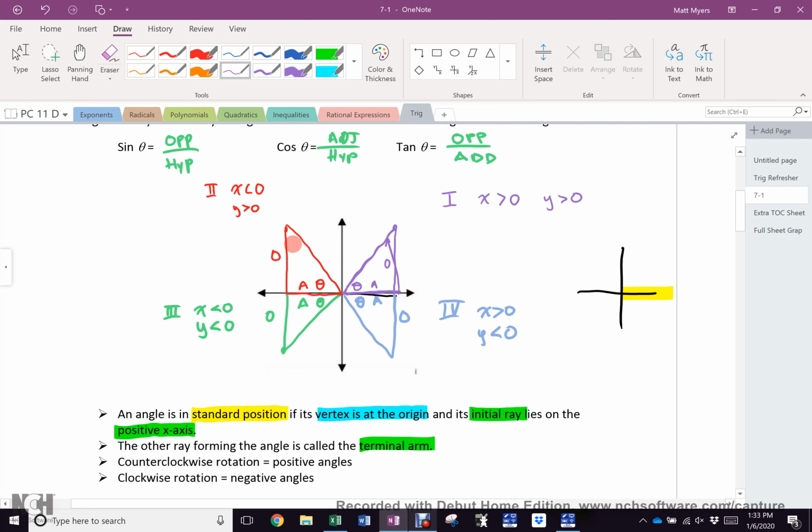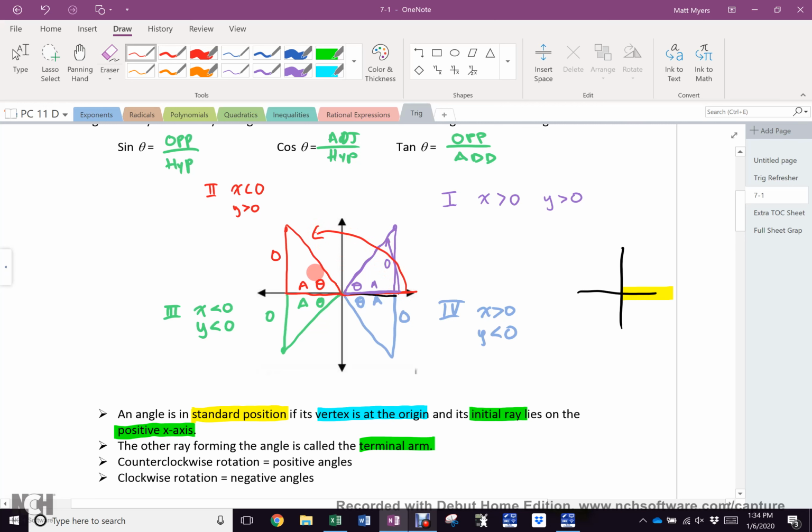Everybody understand? So if I were to keep in standard position and I were to go out to red theta, then I would have to go this far. Do we understand that? So red theta is actually greater than 90, even though it shows up over here for the way we would do trig. Does everybody follow what I said there?